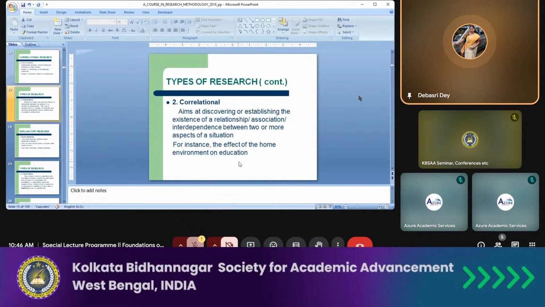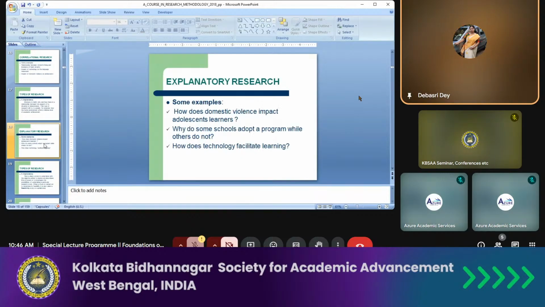Firstly, you have to find out whether X and Y, which we have identified, are truly related, and how they are related. That is to be explained in correlational research, and you have to explain it analytically. It is a subpart of descriptive research, but we are classifying it separately.